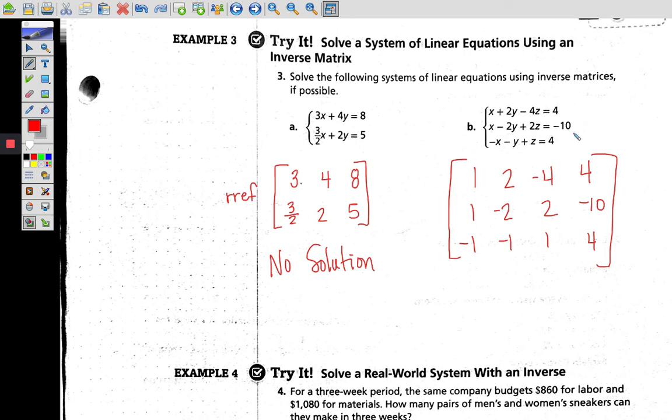So the first row is going to give you your X value, the second row your Y value, the third row your Z value.